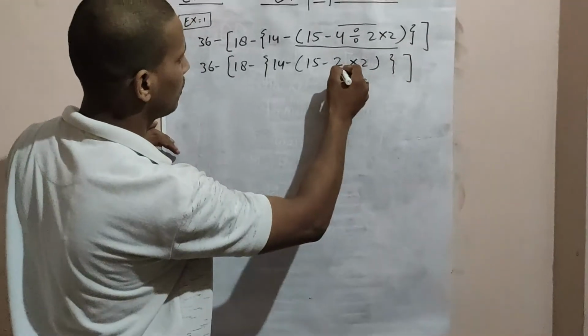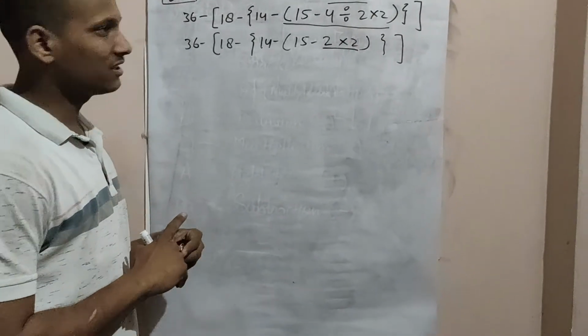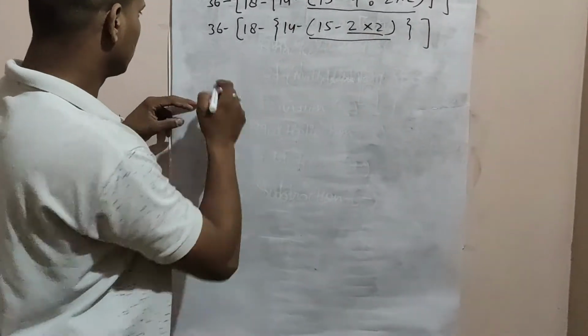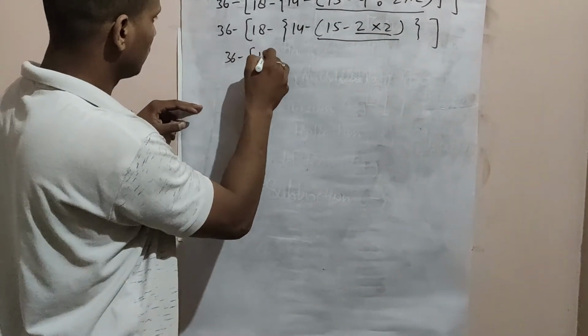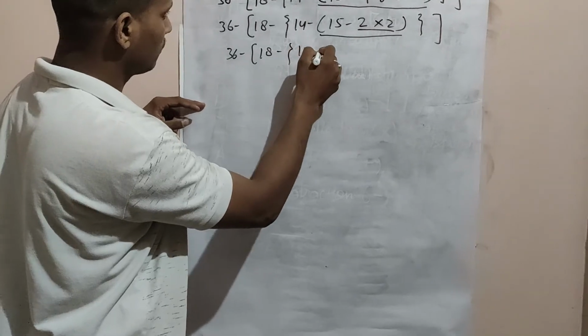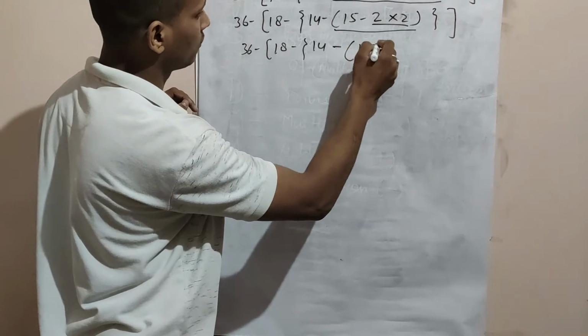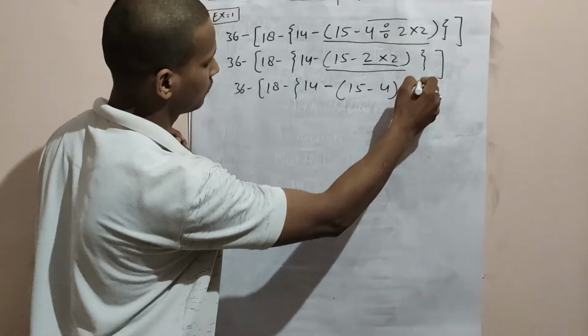In the next step, 2 into 2, because multiplication is there, we are here in small brackets. 36, 18 minus 14 minus, then 2 cross 2 means 4.